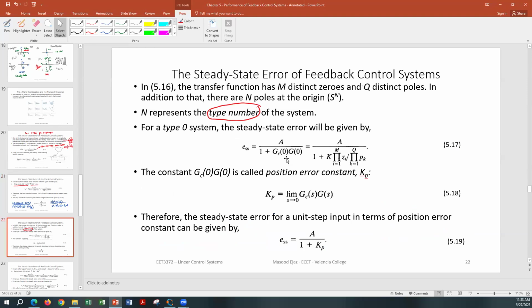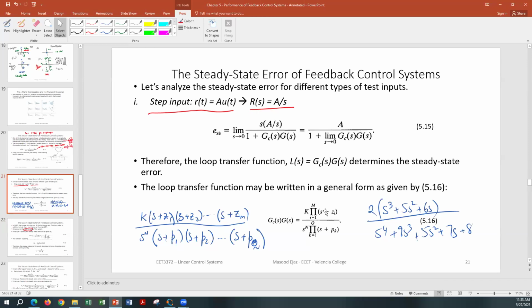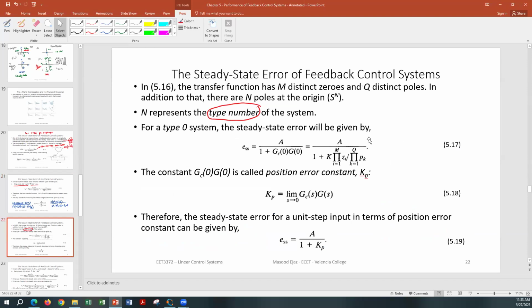Since we are evaluating at s equal to 0, all the s are going to become 0. That means we are multiplying all the zeros together in the numerator and all the poles together in the denominator, and the result is going to be this. So Gc(0)G(0) we call the position error constant, Kp.